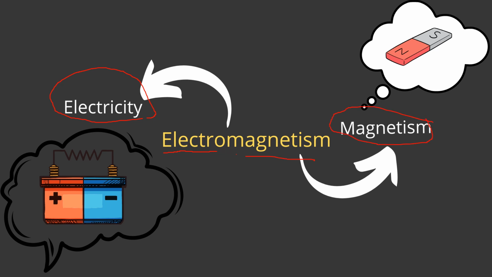So it's almost like a composite of two words, electricity and magnetism. That should tell you that we are actually studying the relationship between electricity and magnetism, right? And hence we form electromagnetism.